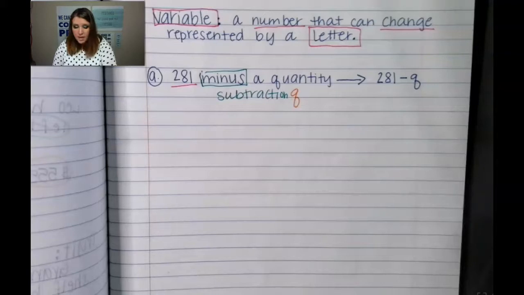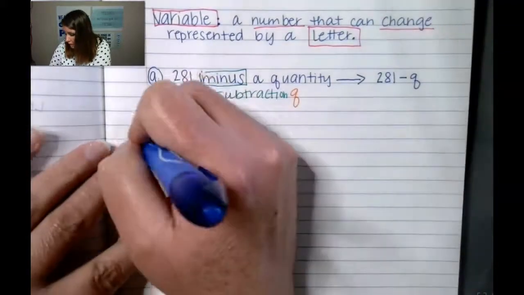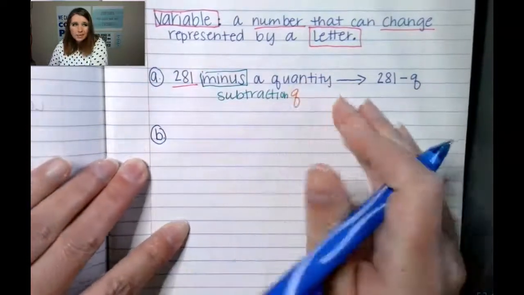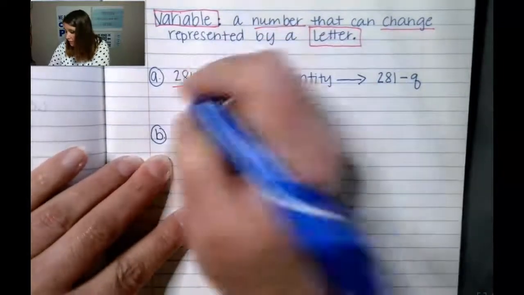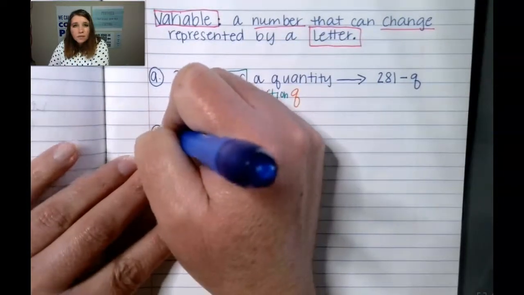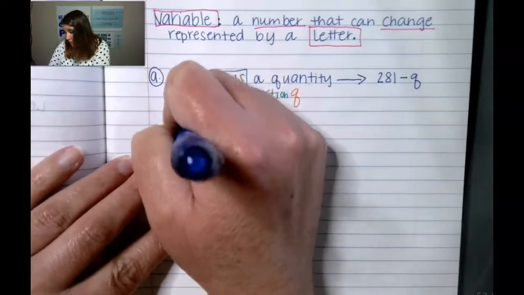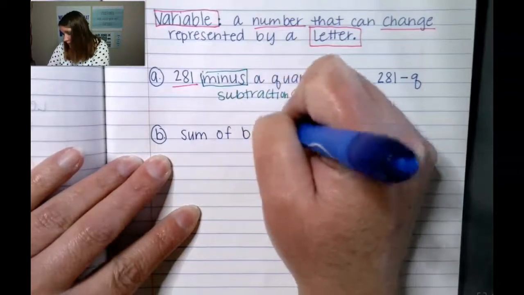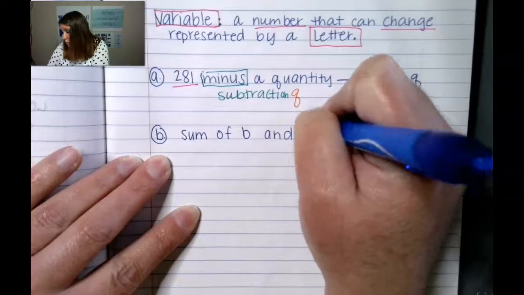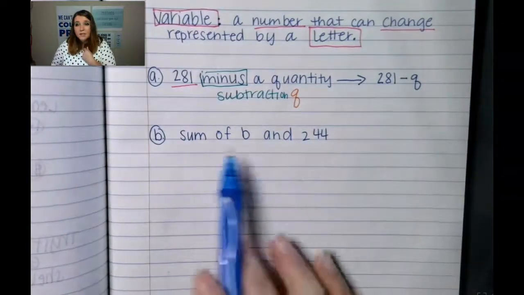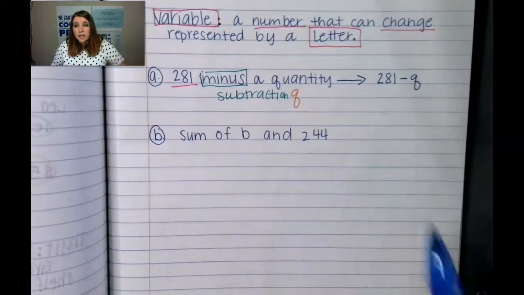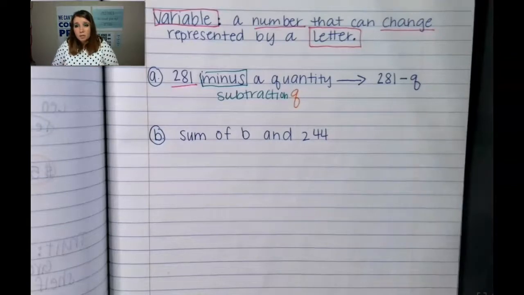That's it. Okay, let's try another one. It oftentimes makes more sense when you have information around what the quantity represents. So, if they give you a letter, sometimes they'll give you a letter like the sum of B and 244. Again, there's a language arts phrase right there, and you have to turn it into a math phrase. We can turn it into a math phrase by looking at our clue word.